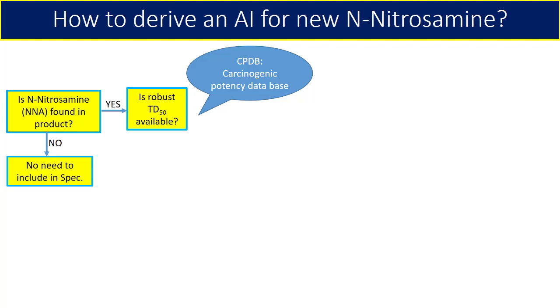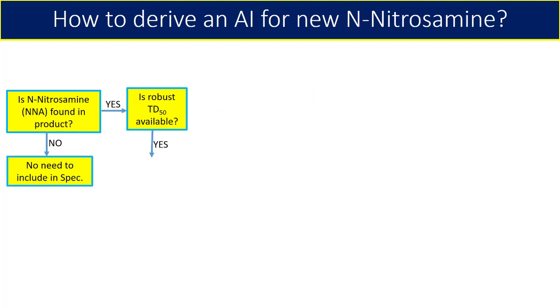It is available with the LASA now, and it is also called the LASA standard or the gold standard. So get the CPDB value if it is available, the robust TD50 value from the CPDB database. You are lucky to have that. So if the value is available, calculate the acceptable intake by linear extrapolation from TD50.